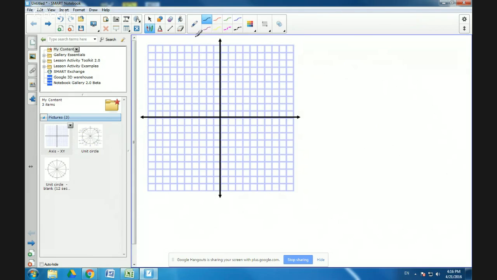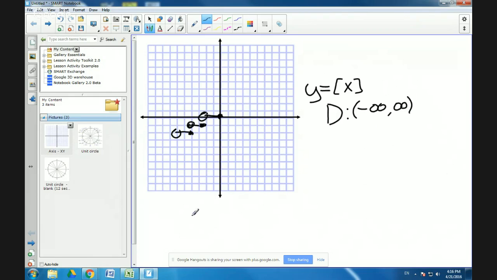Now for the next one, you have the greatest integer, which is a step graph. It has a terrible drawing right here, but it'll look like this, and it just keeps going like that. The one shown here is y equals the greatest integer of x. The domain for this graph is negative infinity to infinity.